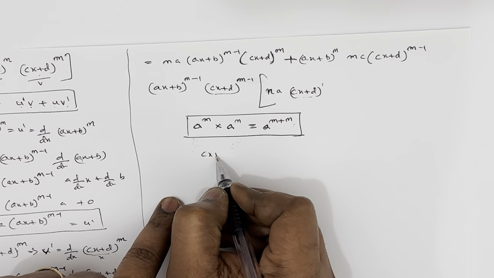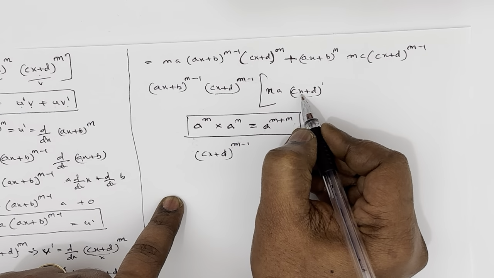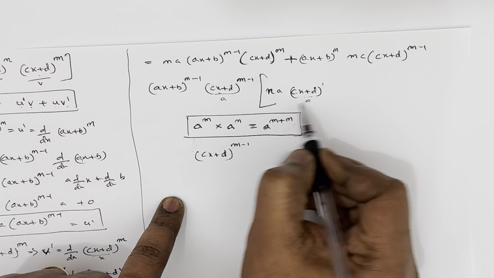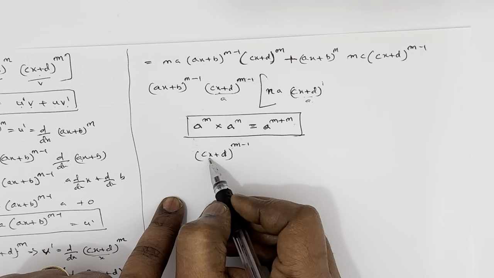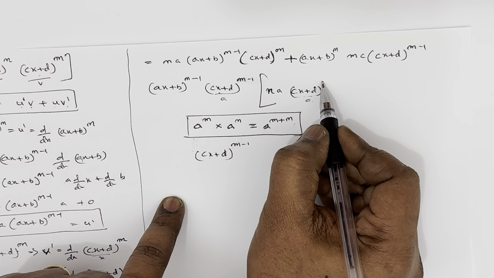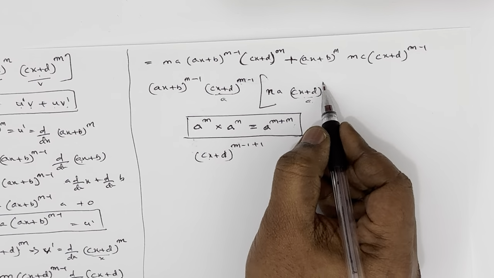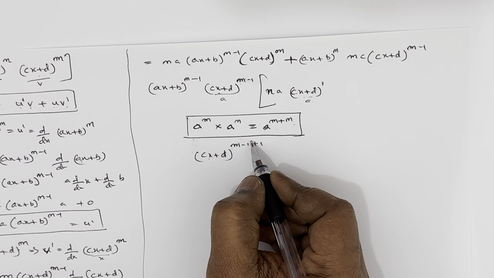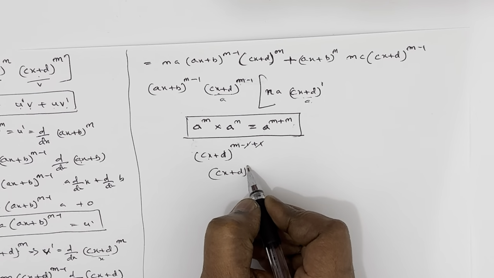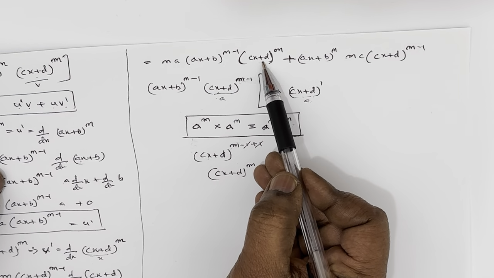So (cx plus d) raised to m minus 1 plus 1. The negative 1 and positive 1 cancel, and you get (cx plus d) whole power m, which is here. So when you multiply these both, you get this.